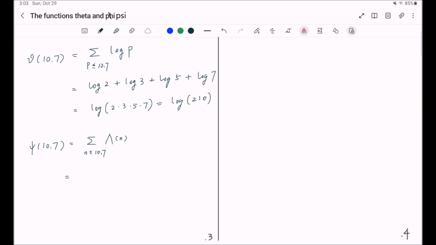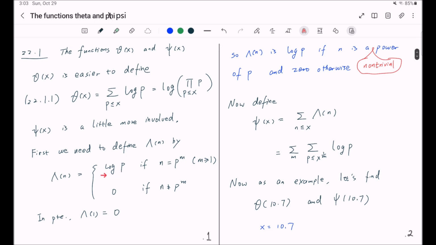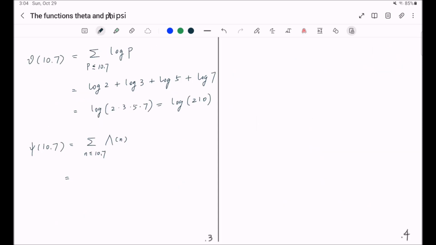Because in the definition of lambda, the only non-zero terms are those which are powers of primes. So we'll sum up the following powers of primes: 2, 4, 8, 3, 9, 5, and 7.